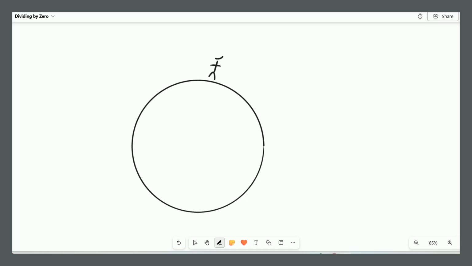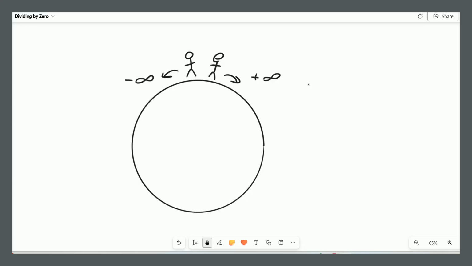So one moves this way forever in the direction of positive infinity, and the other moves in the opposite direction forever in the direction of negative infinity. See, practically speaking, what does infinity mean? It could mean forever, or it could mean so large that if it were any larger, we don't really care that it's any larger. That's how big it is. In this case, we mean just walking forever in a certain direction.